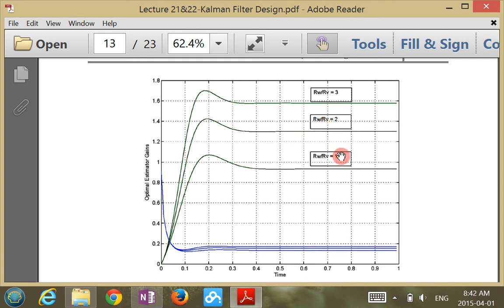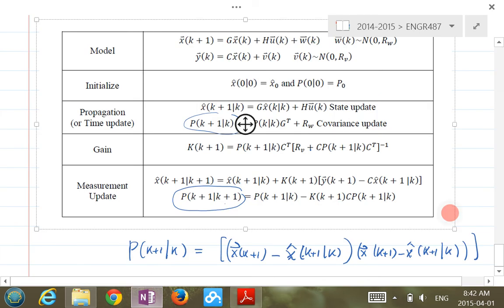Why is it that when the ratio of RW to RV is increasing, the gain is also increasing here? So the Kalman filter gain is increasing. Again, you have to think about where the Kalman filter gain shows up in your Kalman filter.